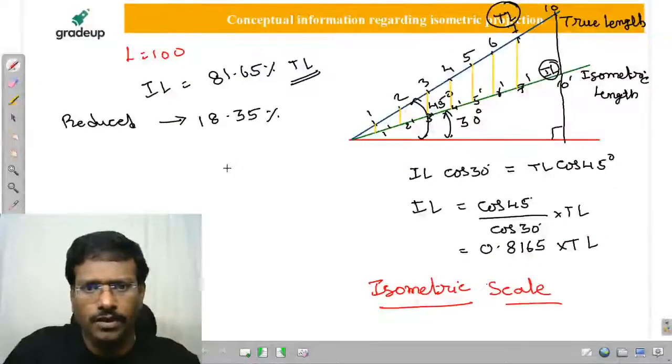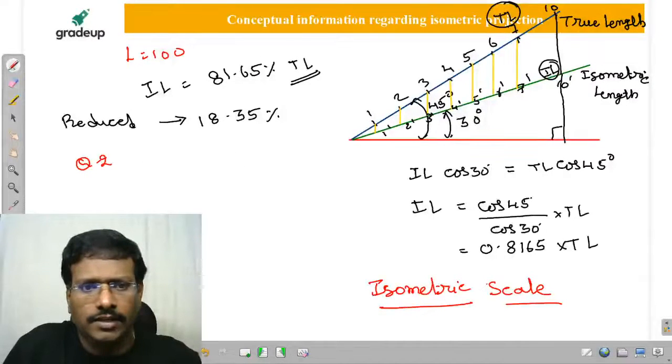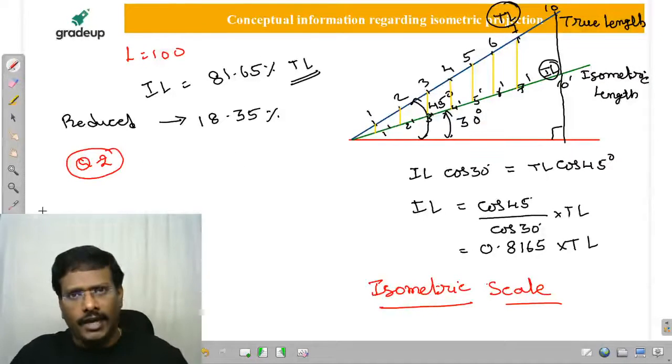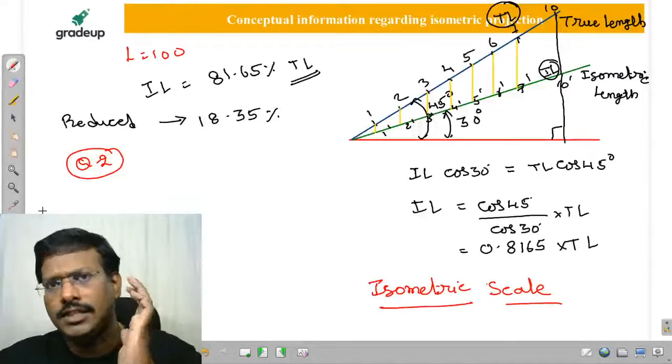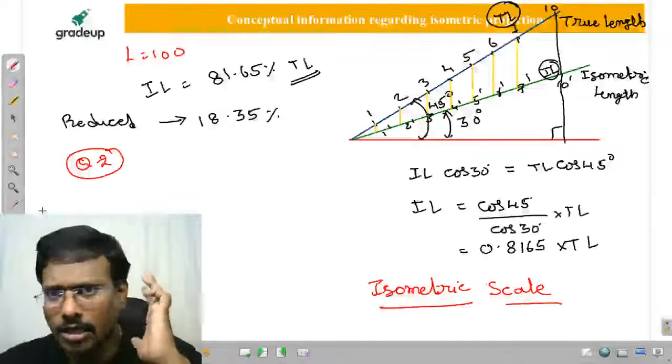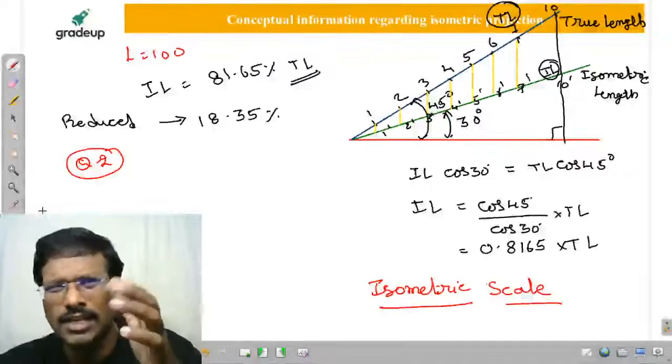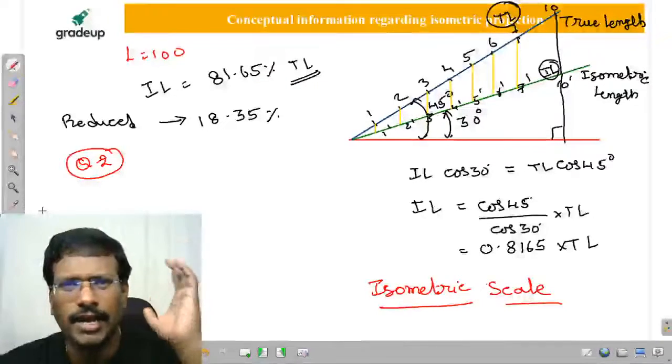Second question, my dear friends: you have already come across scales. So many scales are there, like plane scales, diagonal scale, like this.